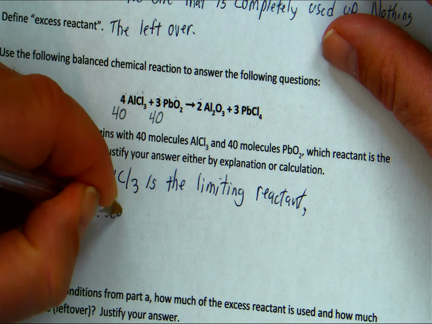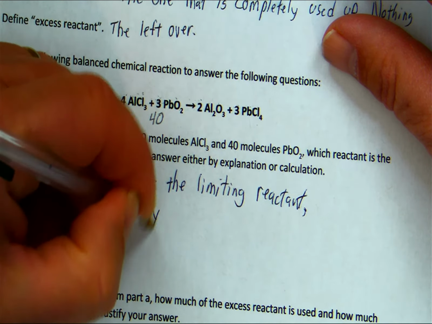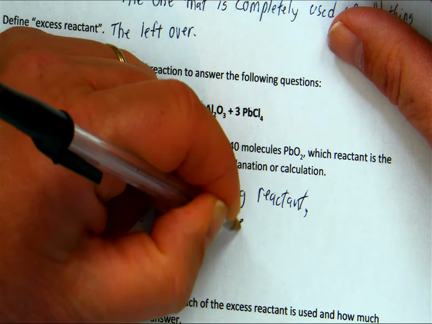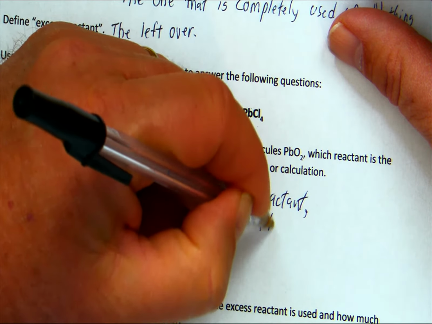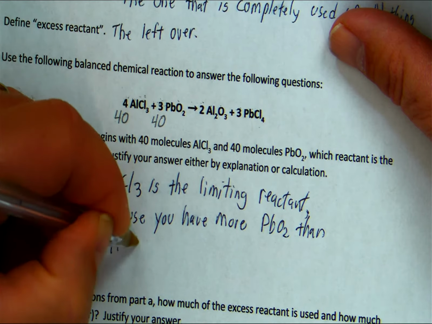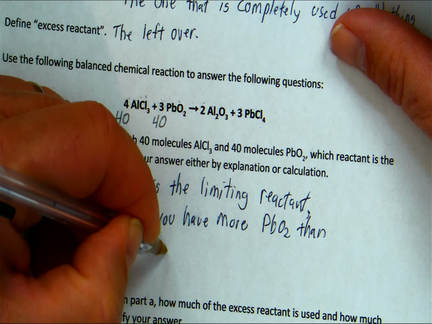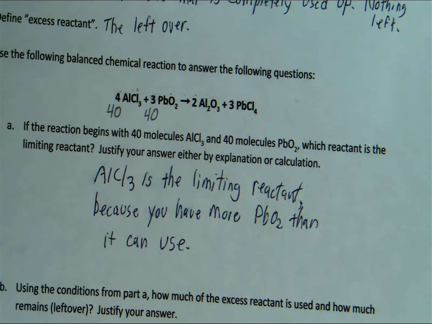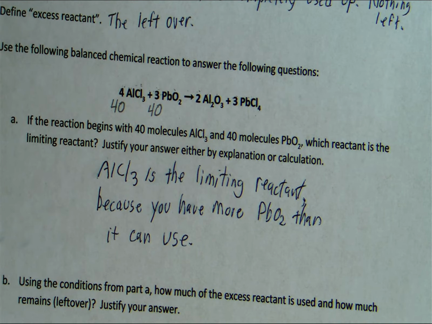Maybe because you have more PbO2 than it can use to react with. Okay, so there's my crude written explanation as to why the answer is aluminum chloride.